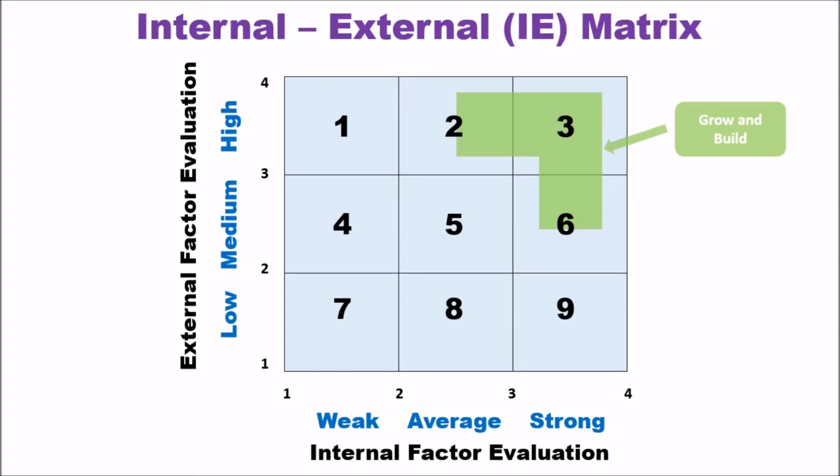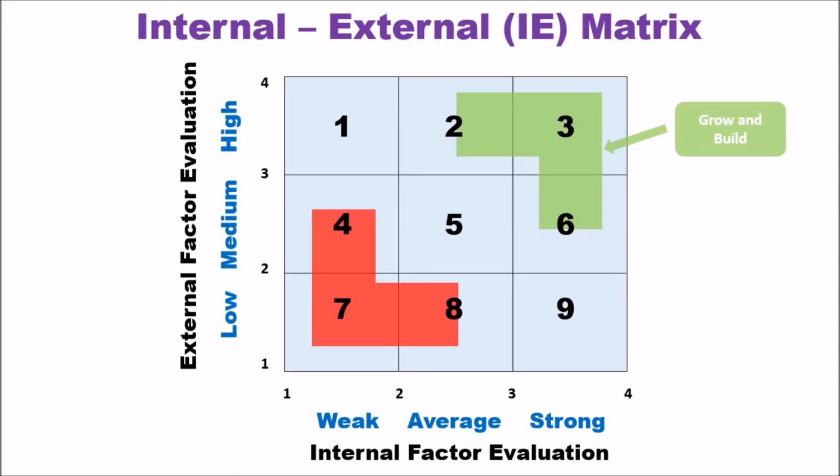Now, supposing where you land is on the lower side, medium to low for the internal factors and medium to low for the external factors. That would be the red area, covering boxes 4, 7, and 8.